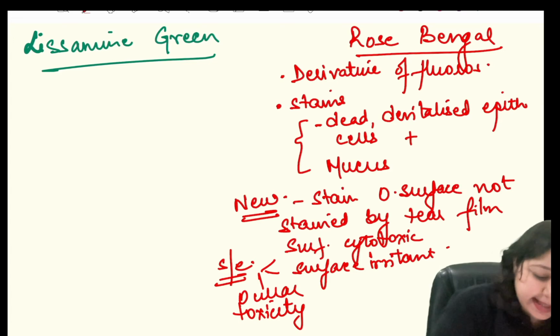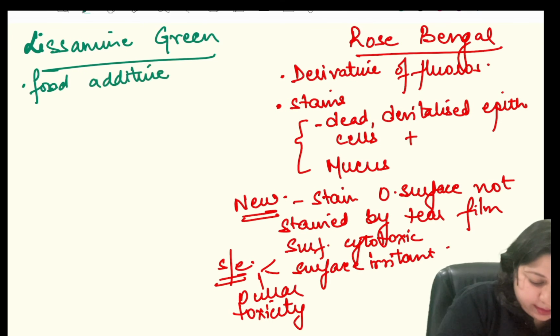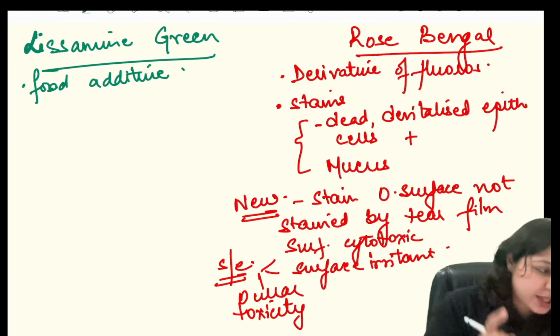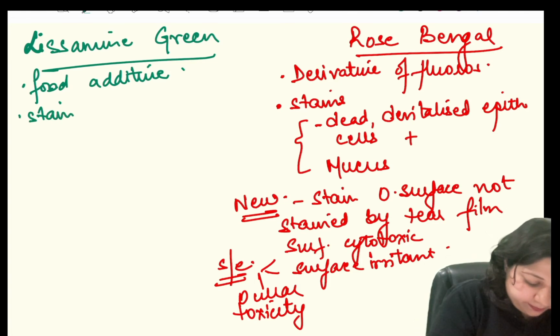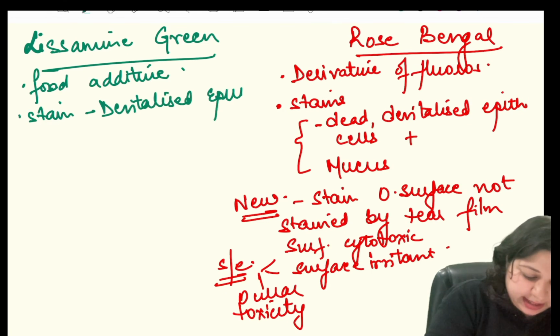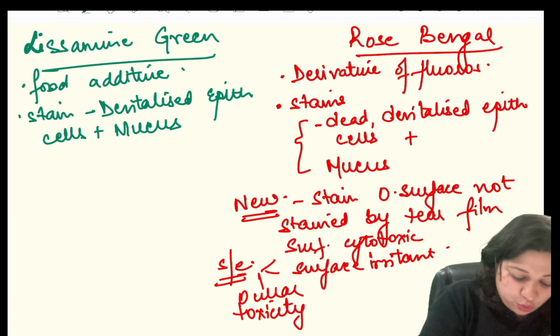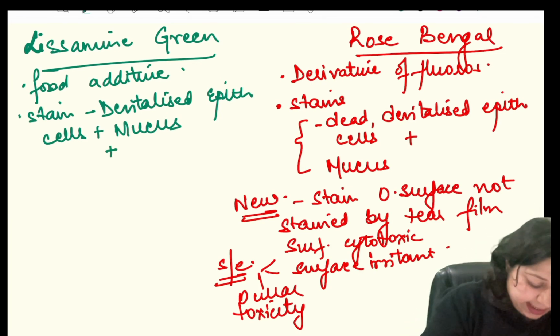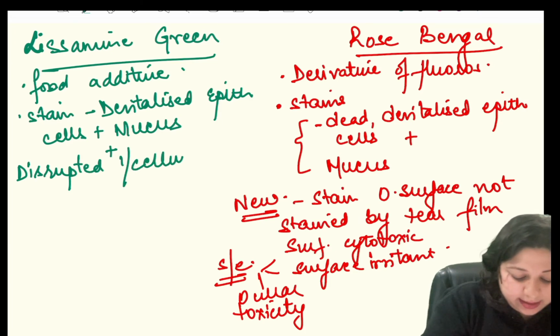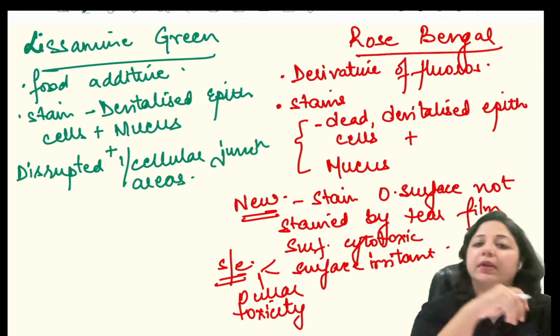What is lissamine? Lissamine is basically a food additive dye, right? It is a food additive dye which again stains devitalized epithelial cells, which is similar to rose bengal, plus mucus, plus it stains disrupted intercellular junction areas, right?